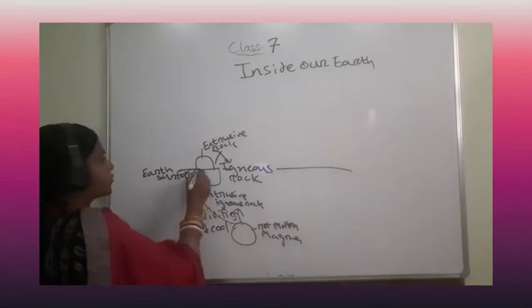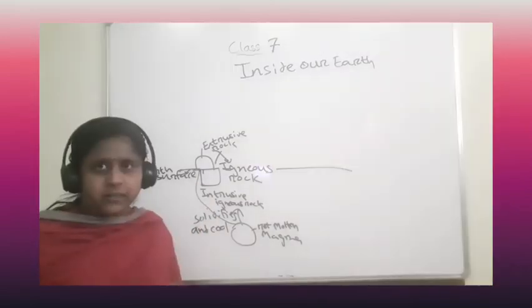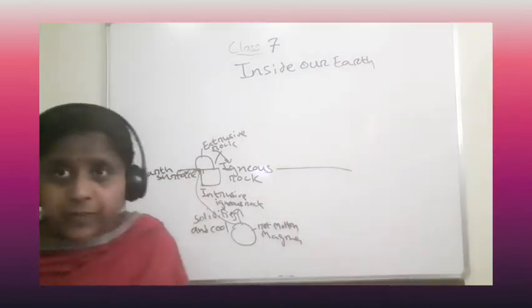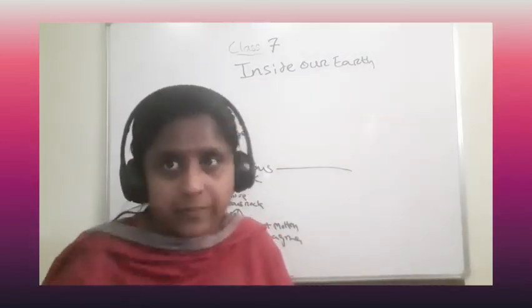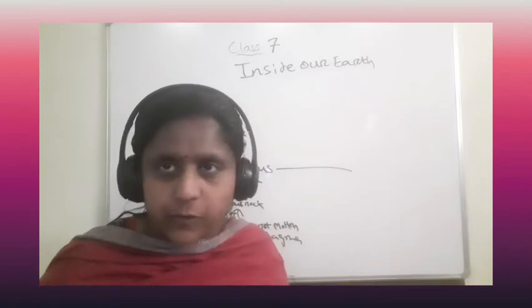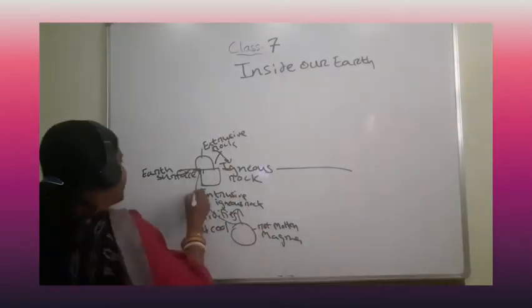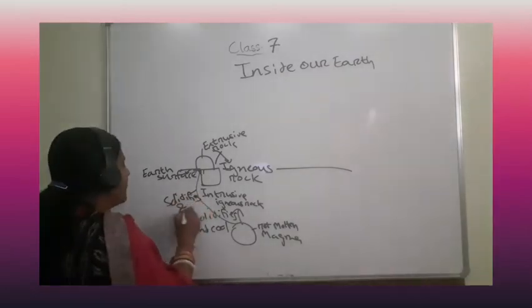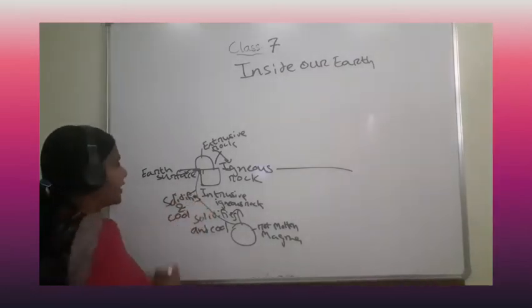This hot molten magma, children, also comes to the surface of the earth. By this vent, it comes to the surface, and here it solidifies and cools down and forms extrusive igneous rock.